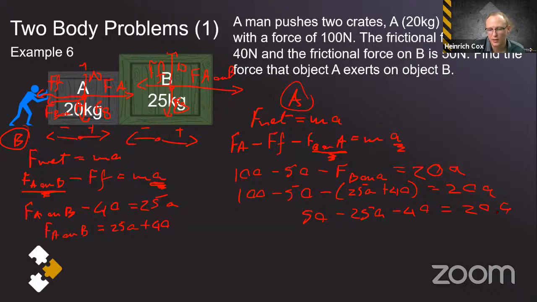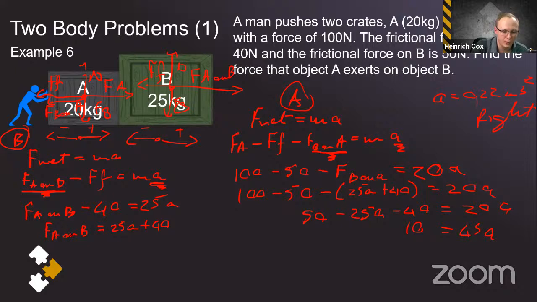So when minus 25A goes to the other side, it becomes plus 25A. So that's going to be 45A. And then 50 minus 40 is 10, and then 10 divided by 45 is 0.22. So acceleration is going to be 0.22 meters per second squared towards the right.